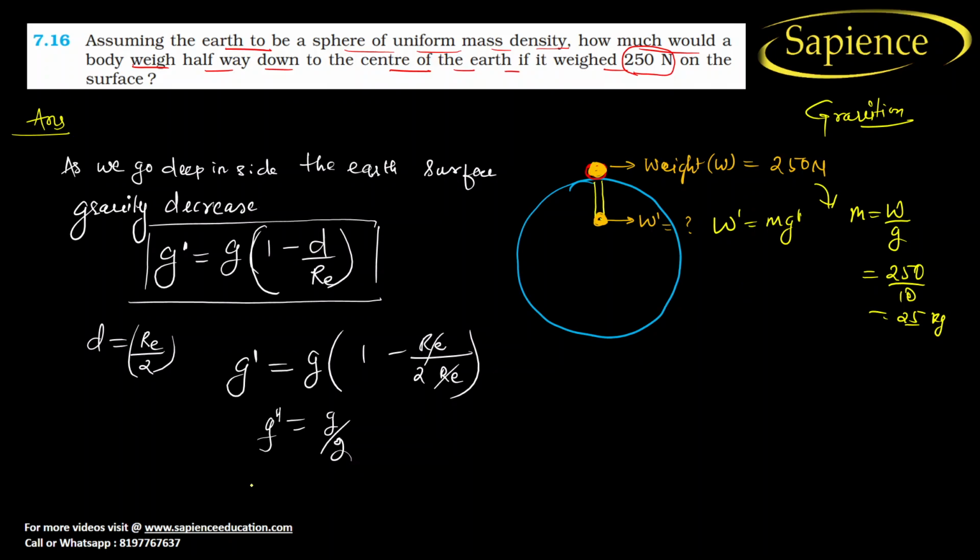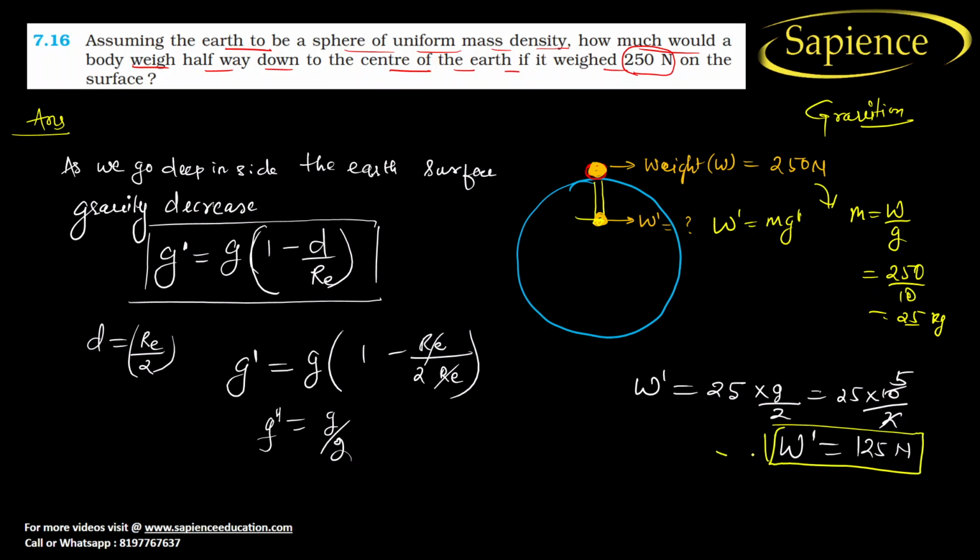Now W dash is equal to 25 into g dash, and g dash is g by 2, so 25 into 10 divided by 2, which is 125 Newton. So the weight at a distance of half the radius of the Earth is 125 Newton. I hope you have understood this question.